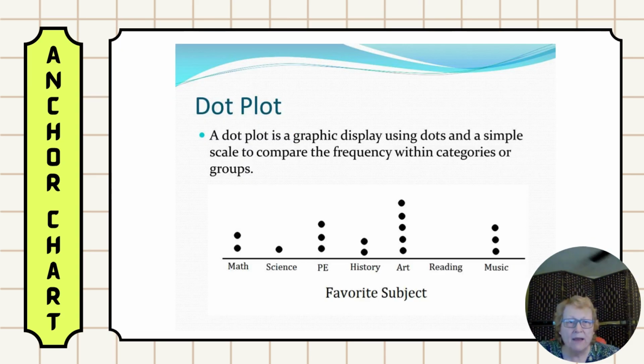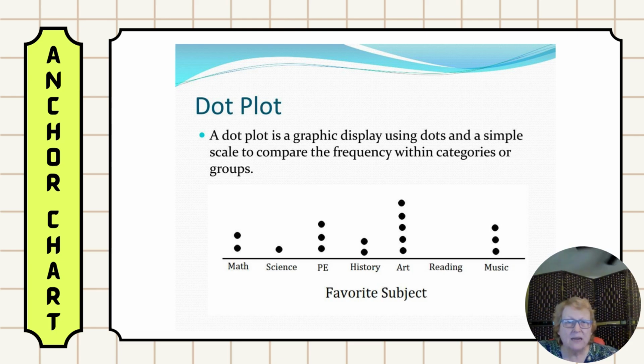The other type of graph that we are going to be using is the dot plot. A dot plot is a graphic display that shows dots on a linear line, and each one of those dots aligns with a particular piece of data. You can see that this representation of a dot plot on this anchor chart involves favorite subjects.